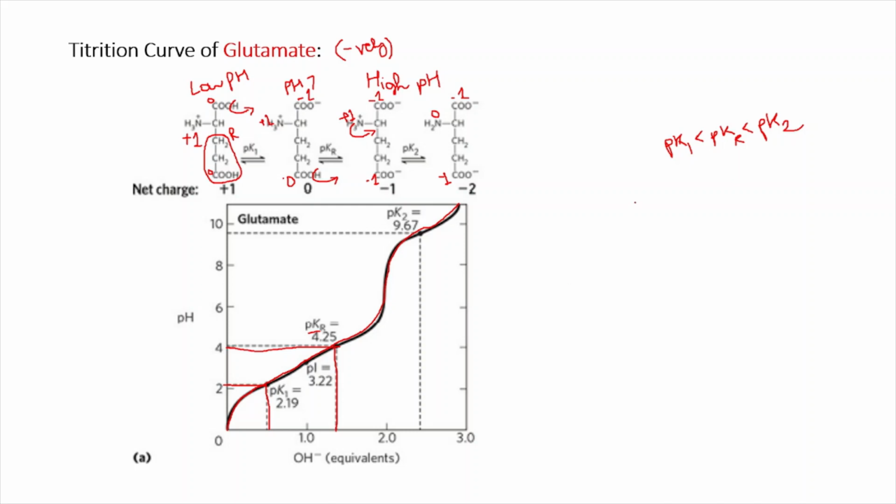Now how will you find the pKr? This pKr is given by the average of pK1 and pK2.